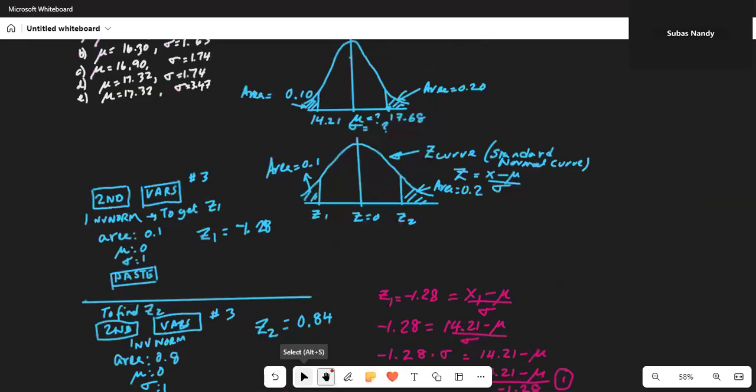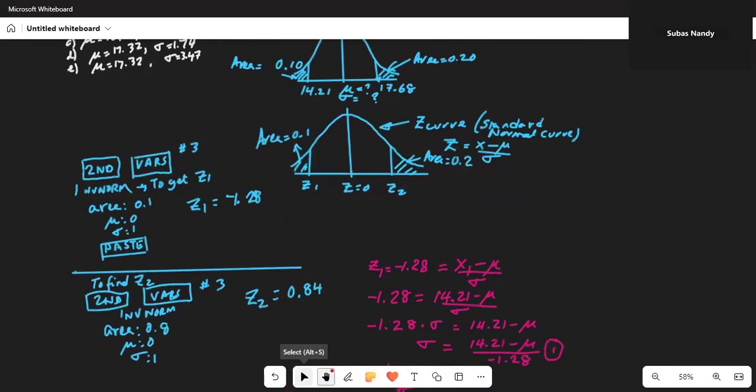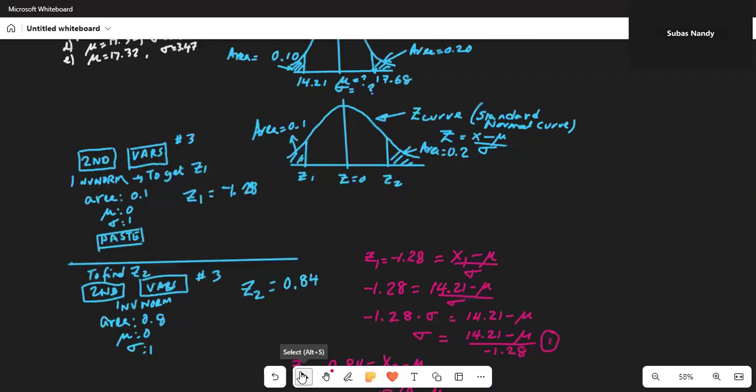Area below Z1 is 0.1, which came out as minus 1.28. For the second one, the area above this Z is 0.2, so area below is 0.8. That's what we plug in the calculator to get the Z2 value and the Z1 value.